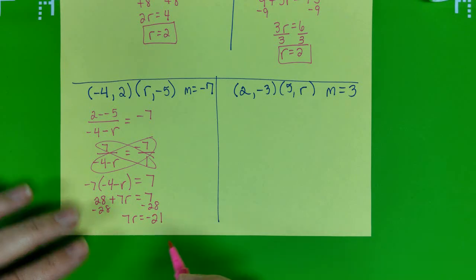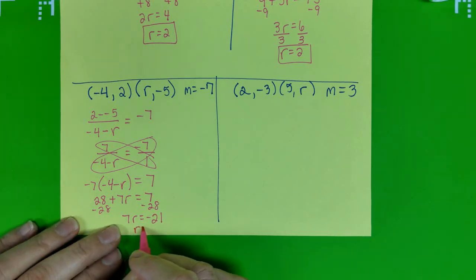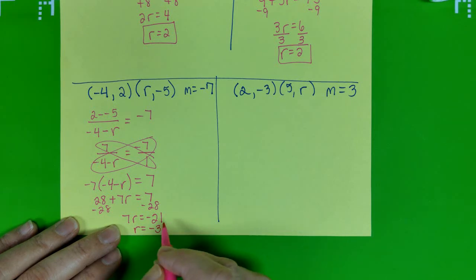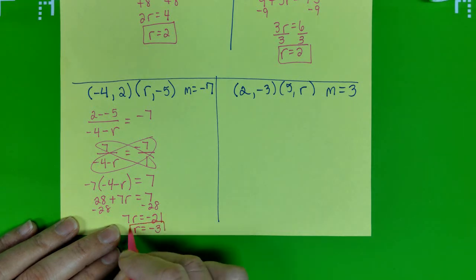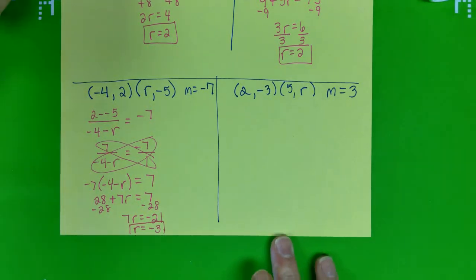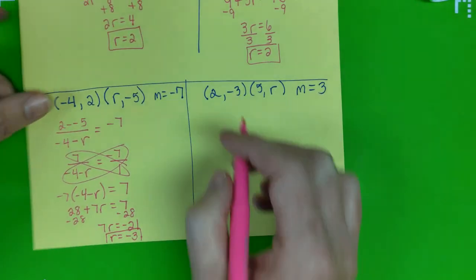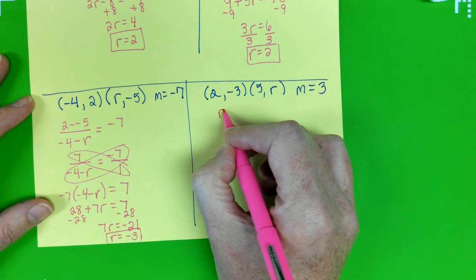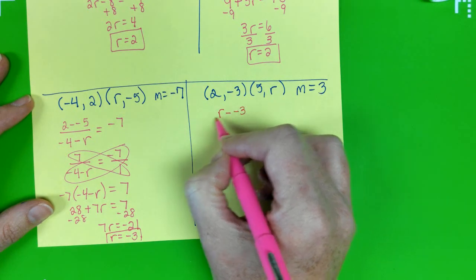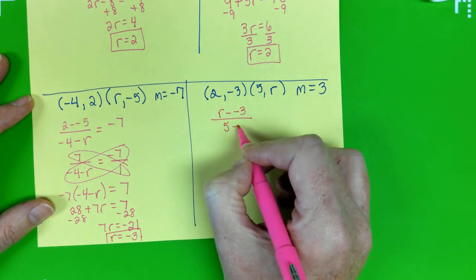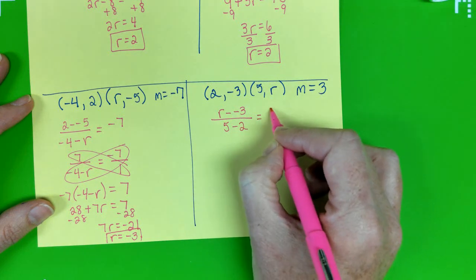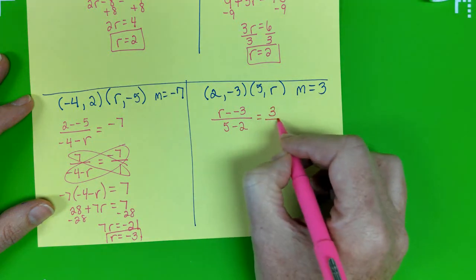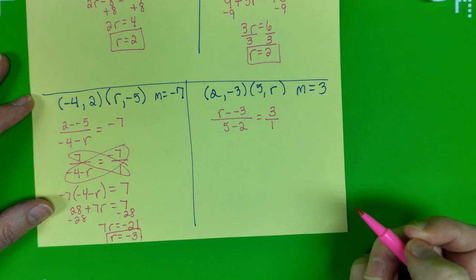Did I mess up? R equals -3. No, I didn't. I'm looking at something else. R equals -3. Okay? And then over here, we might say R minus -3 over 5 minus 2. 3 is a whole number, so again, it might be beneficial to put it over 1.